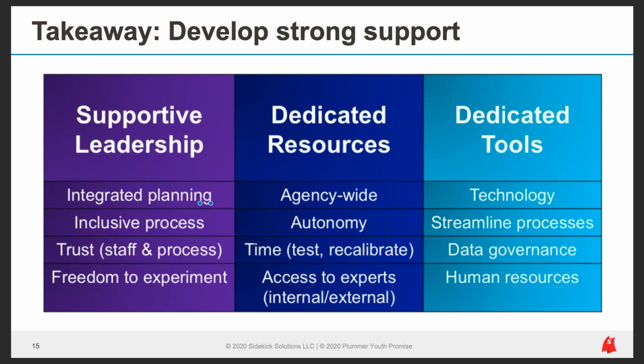So step 2, this grid kind of talks about the very essential strong support that is required. The amount of organizational inertia required to get an initiative like this off the ground really cannot be understated. The process of designing a program model touches every single thing we do.